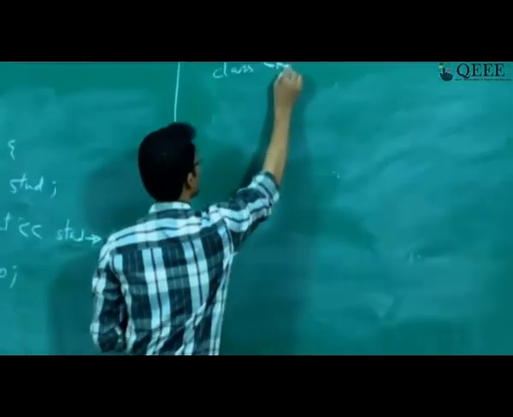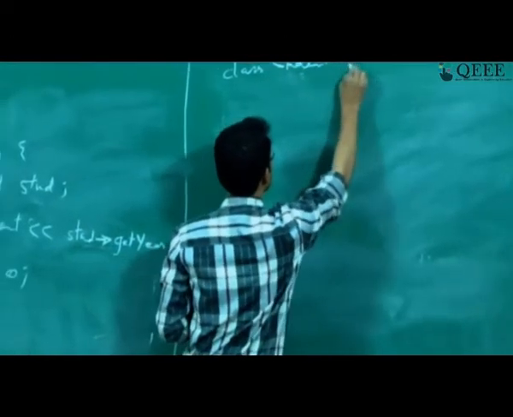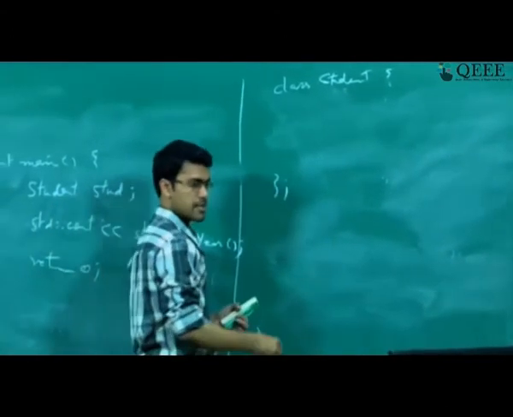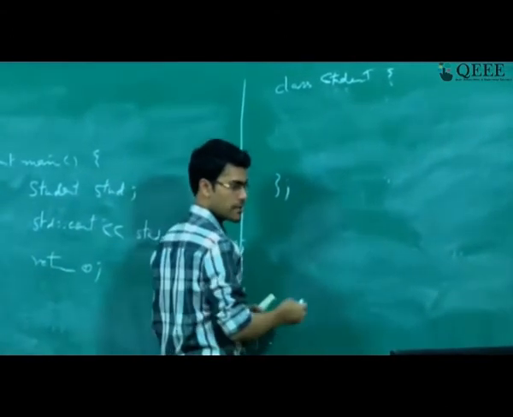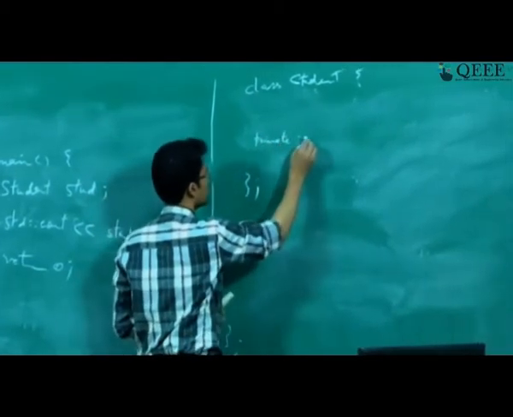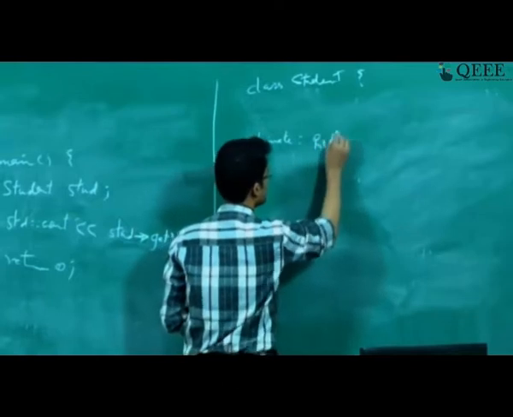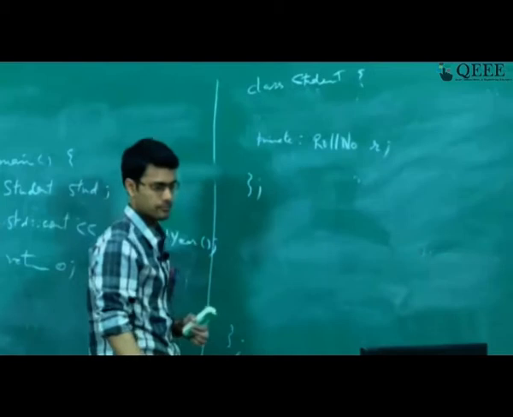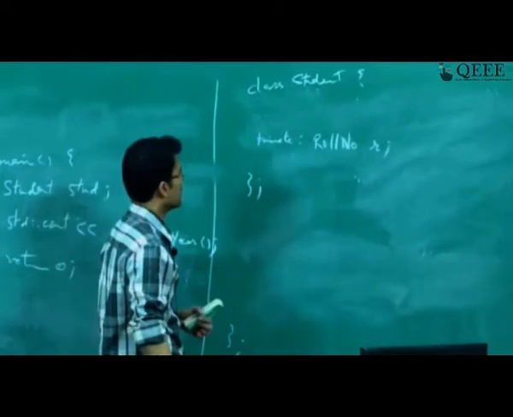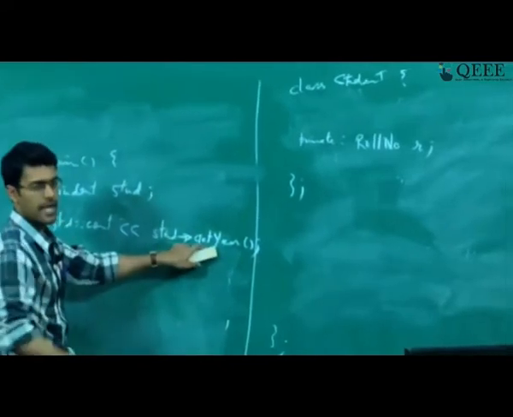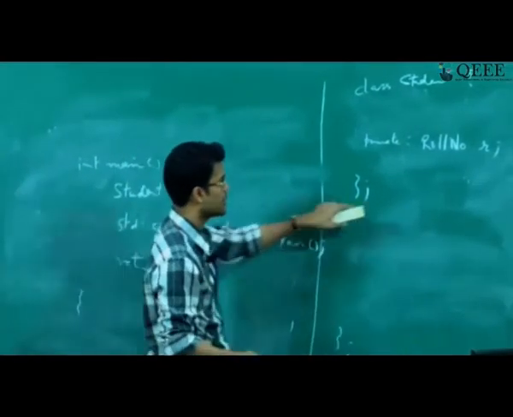So the class Student uses a private variable which is roll number. However, it does not have a function called getYear. If it had a getYear function, then internally it could call R's getYear.